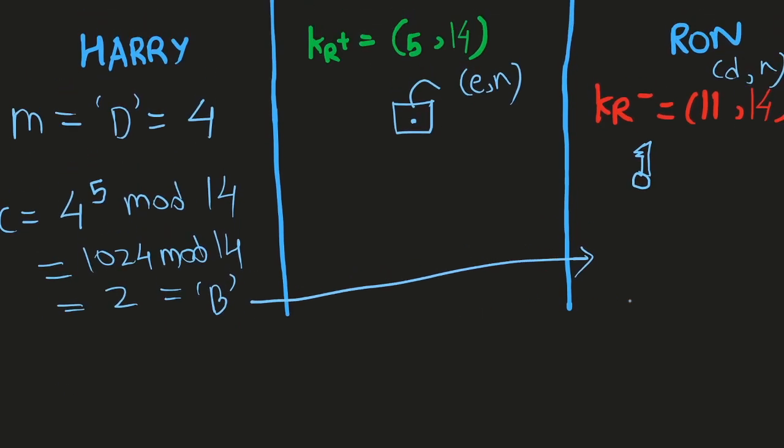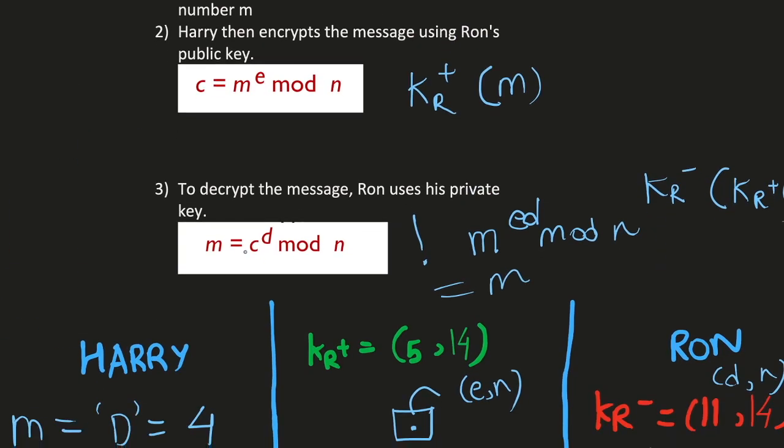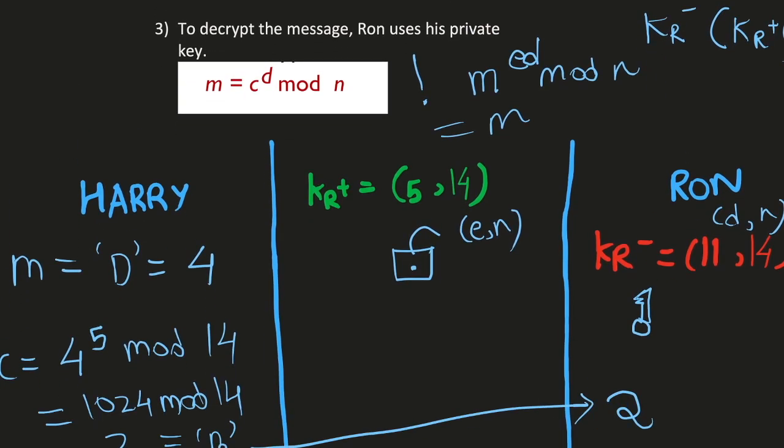Now Ron receives the ciphertext, which is C, and this has an encoding of 2, since it's the second letter. Now I'll be performing this: 2 to the power D. D is something only I know, and it's 2 to the power 11 mod 14. Let me try finding out what it is.